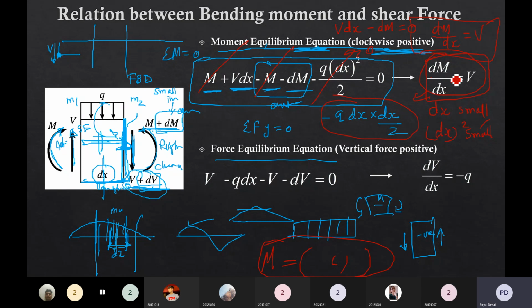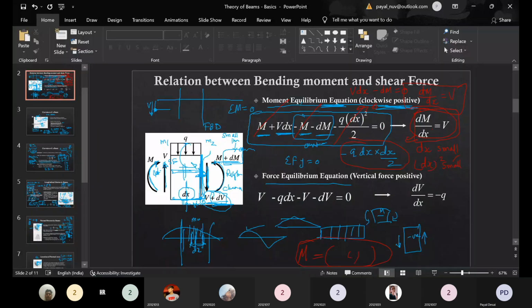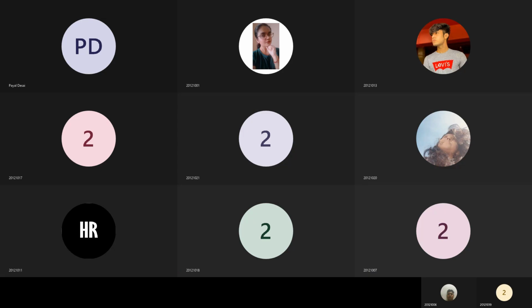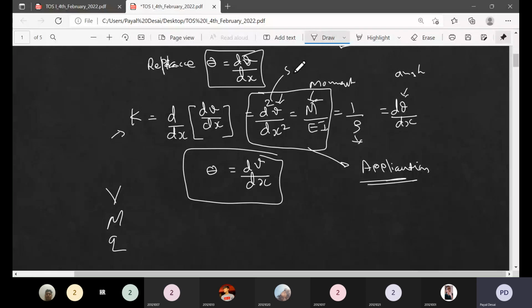Whatever equations we have obtained with deflection, here you may see it was second order, right? This is second order.